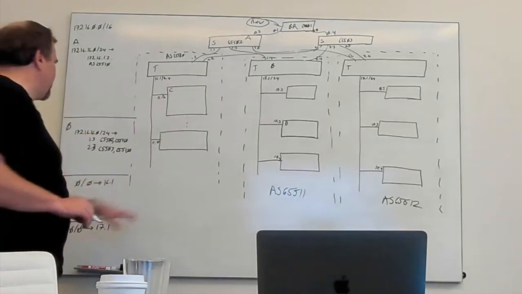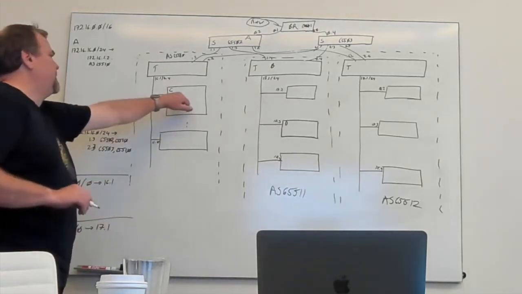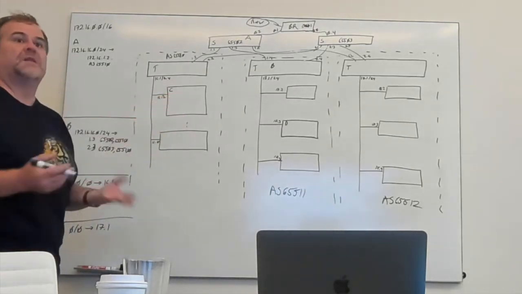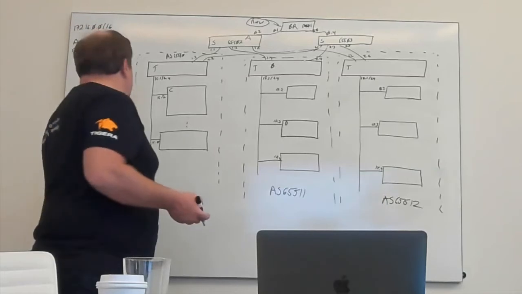And then as it learns about other hosts, it will know specifically that 16/24 is local. So it won't use that default route.